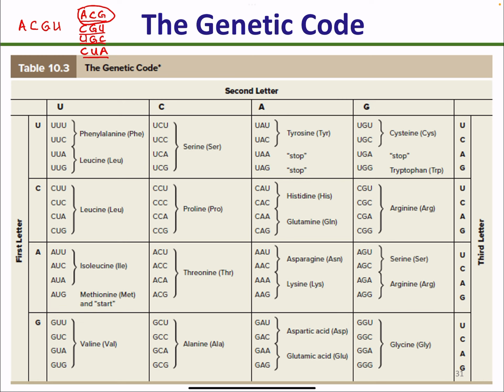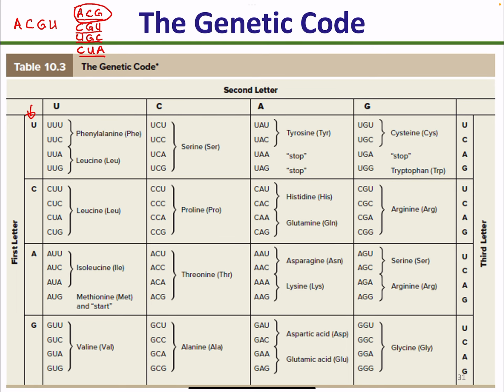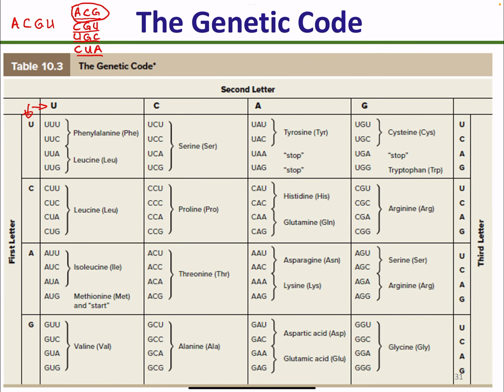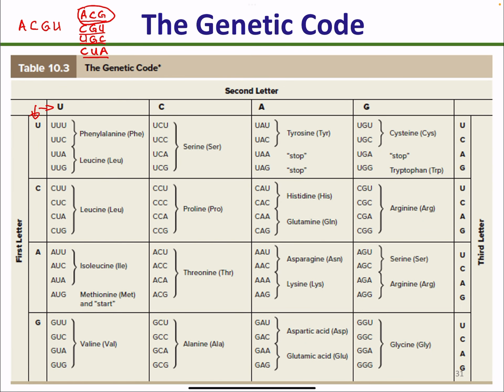So A, the first letter, it's right here in this column, right? The second letter is going to be on this line. And the third letter is going to be right here, here, here, and here.